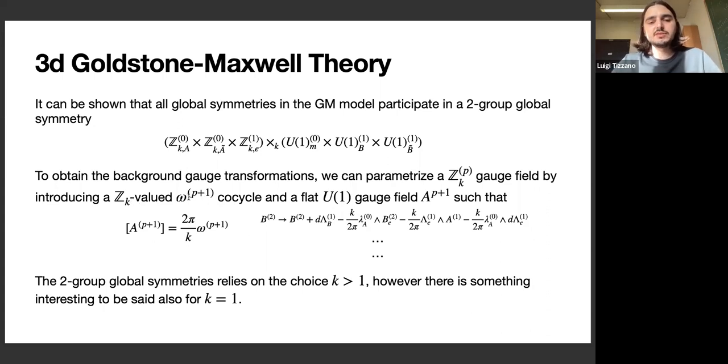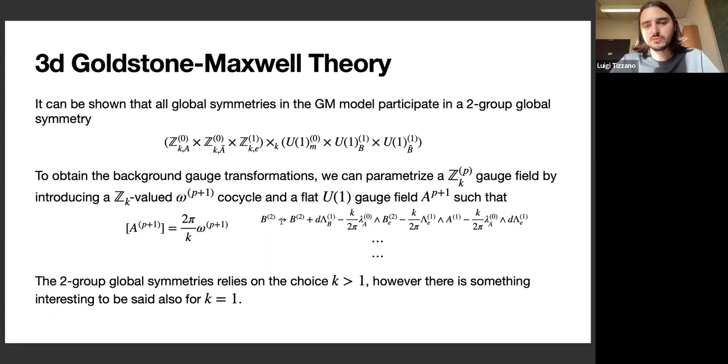And then it's convenient to do that by also considering a flat U(1) gauge field A_{p+1}, such that the gauge equivalences of these flat gauge fields are set to be equal to 2 pi over k times the cocycle. And so then you can write down a very involved set of background gauge transformation.